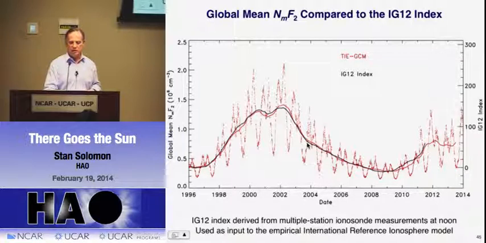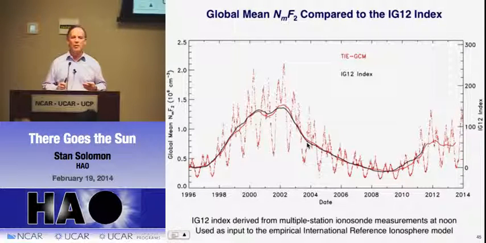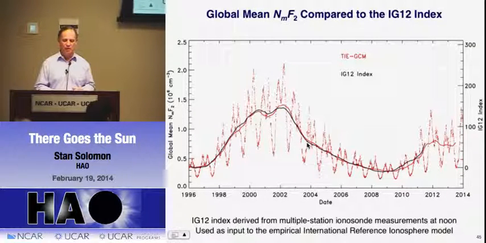When we look at that global mean and derive from that long-term run a global mean peak density of the ionosphere, that's in red. That's with our previous convention. This IG12 index is derived from multiple ionosonde measurements and is used by the ionosonde community as an indicator of solar activity.